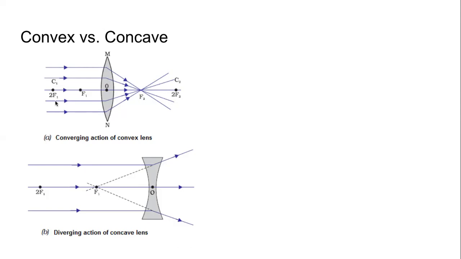The principal focus is the midpoint of the line joining the optical center and the center of curvature. That means if this OF is F, the distance is F, then this is another F. F plus F is 2F. That is why it was given this name. No other reason, just to make it easier.